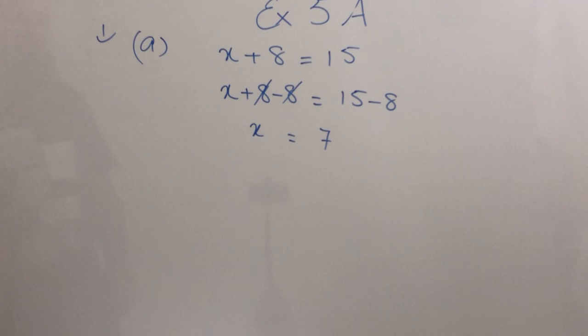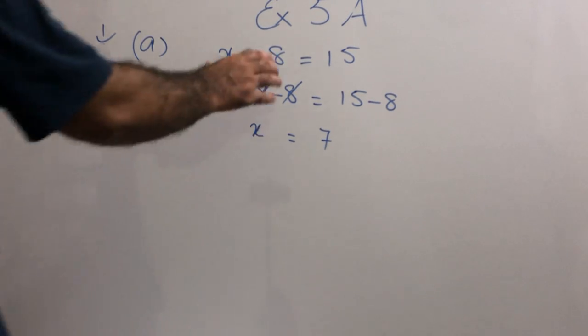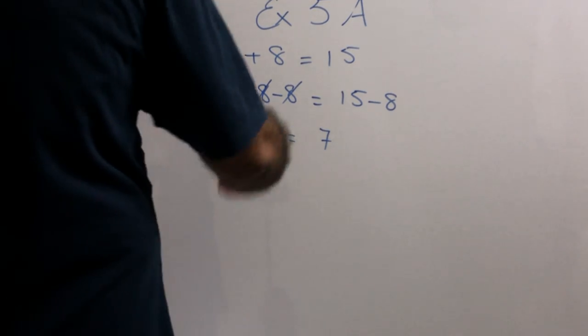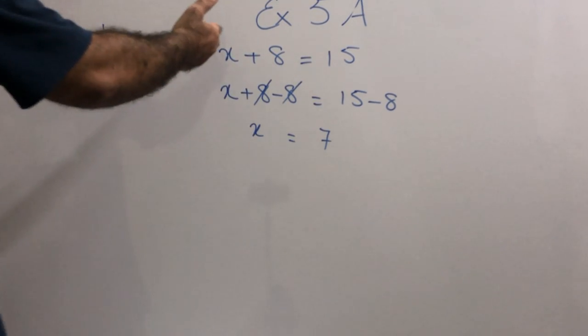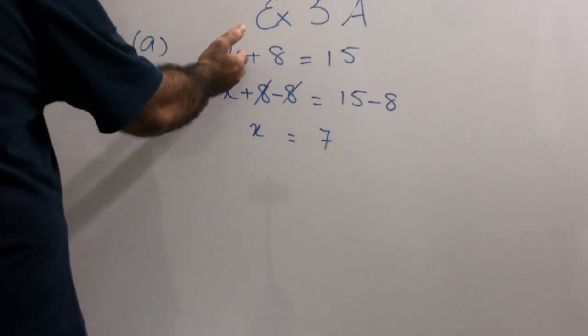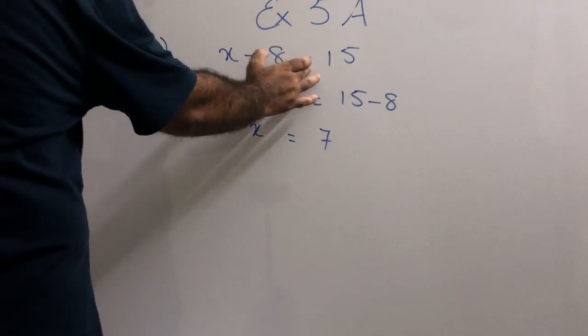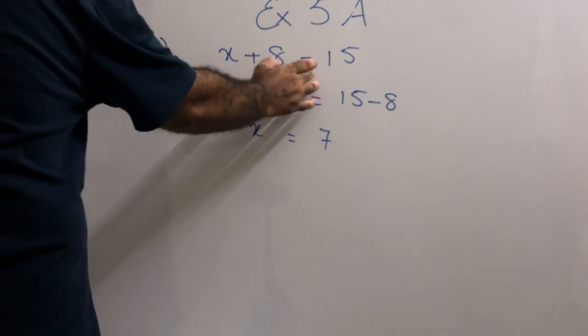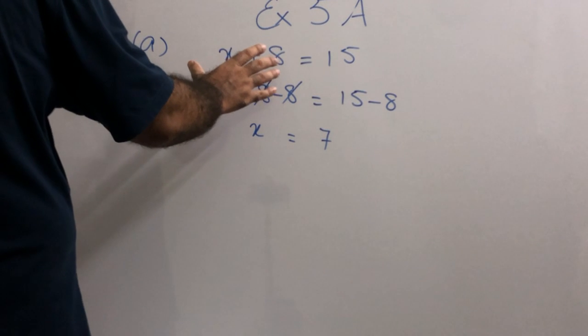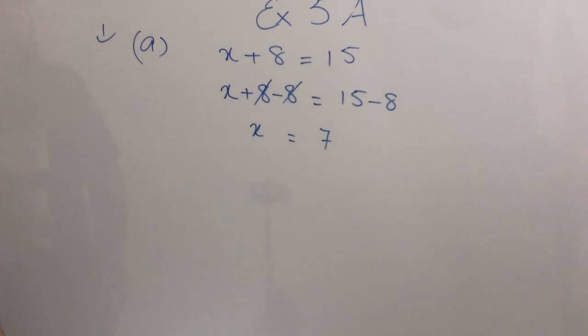I'll recap this question. Very simple. X plus 8 is equal to 15. This is an equation. Some people say equation one way, some another, it's up to you. So we solve this equation. We are looking for the value of x. For that, x must be alone on one side of the equation.